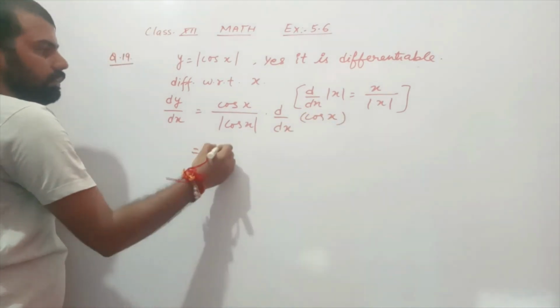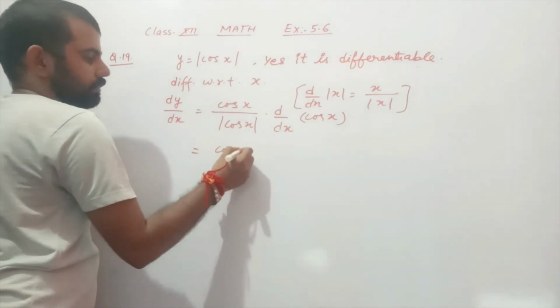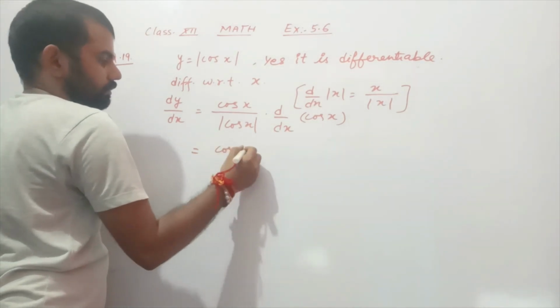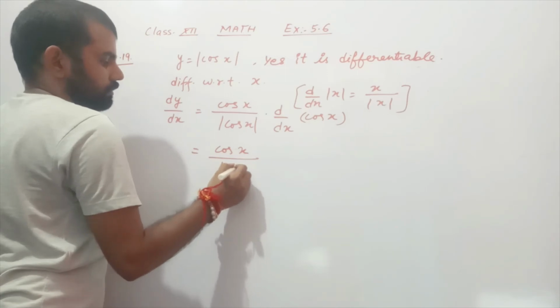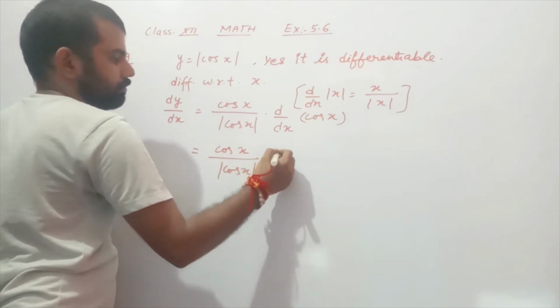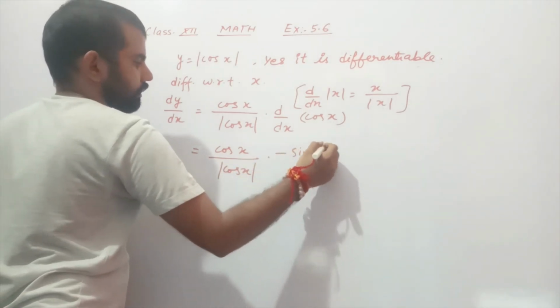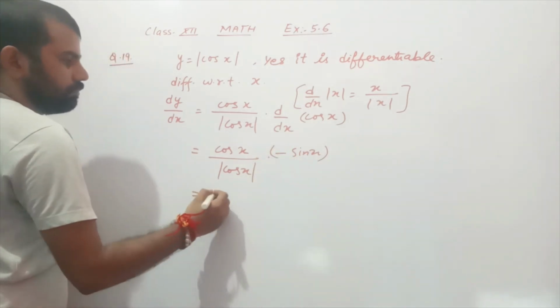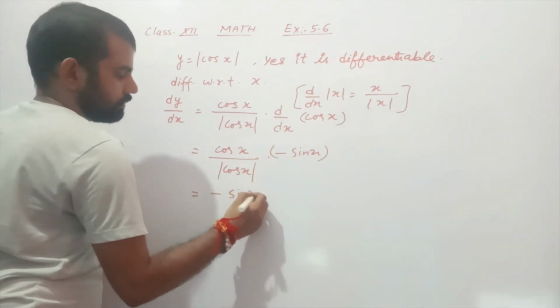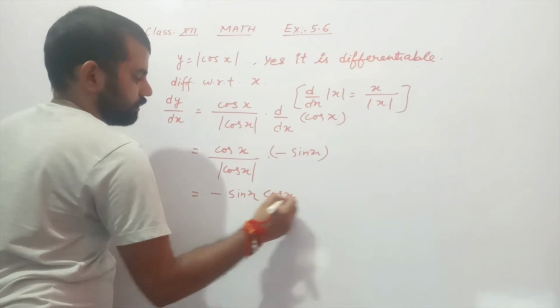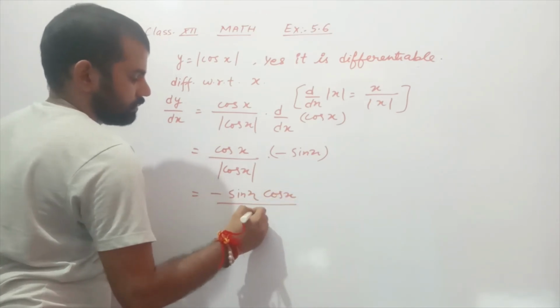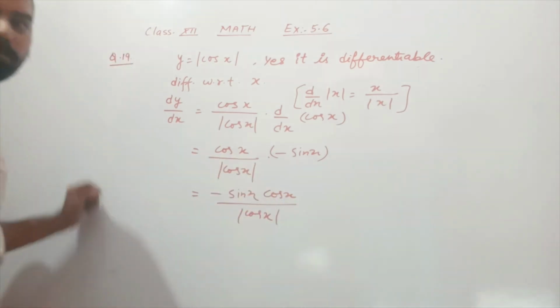This will be cos x upon modulus cos x into minus sin x, equal to minus sin x cos x upon modulus cos x.